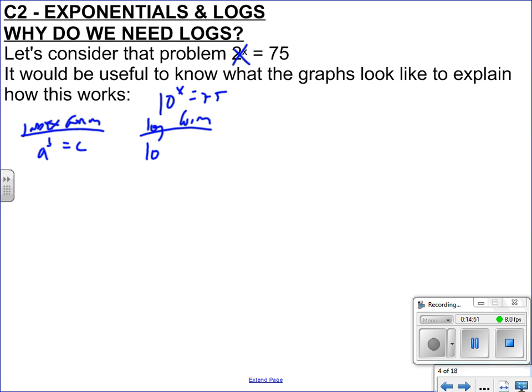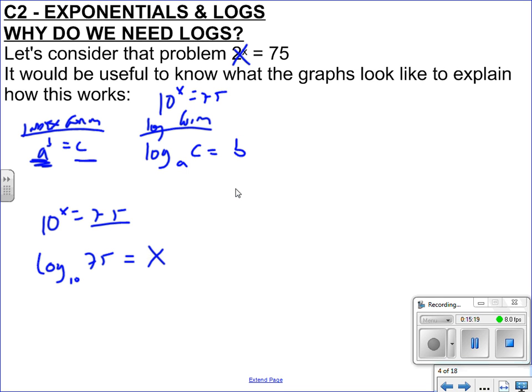So how does log form work? It says that log base, so your base is a, c is your result, and b is your power. So can you see you get power equals, so it's going to tell you what the power is. So if I have 10 to the x is 75 in index form, in log form this is going to be log, my base which is 10, result 75, equals the power x.